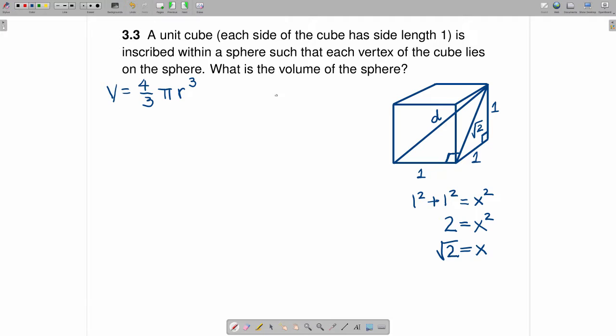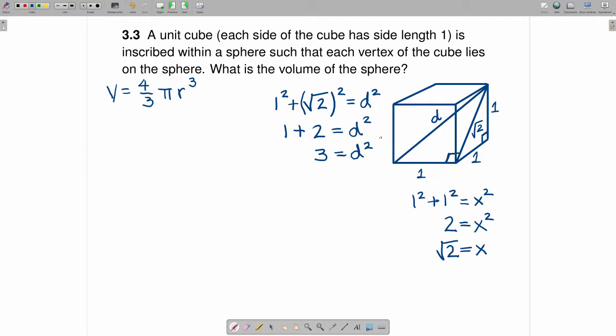So let me write that down. 1 squared plus the square root of 2 squared is equal to d squared. 1 squared is 1. The square root of 2 squared is 2. That's equal to d squared. So 3 is equal to d squared.